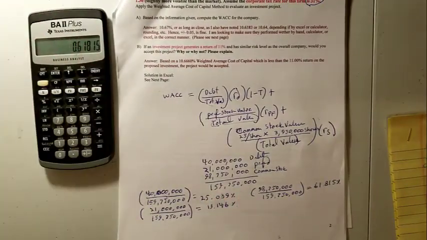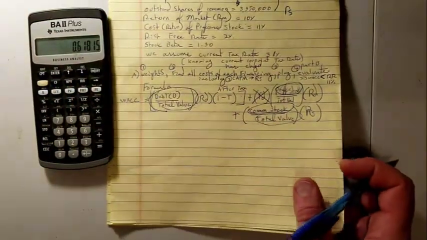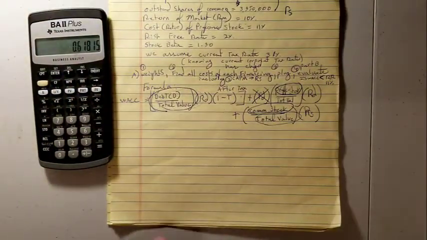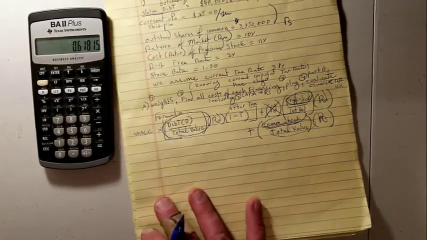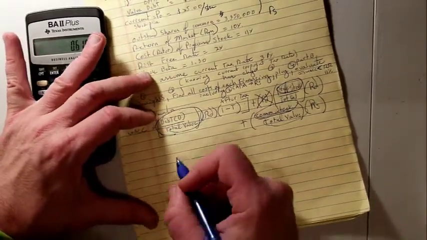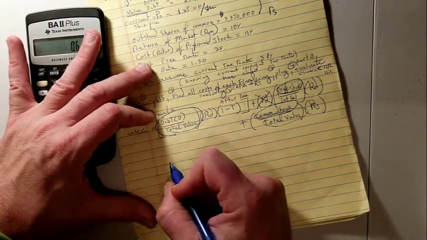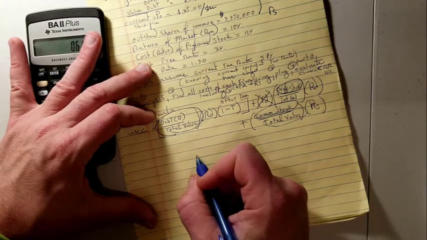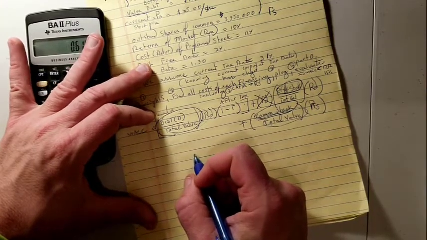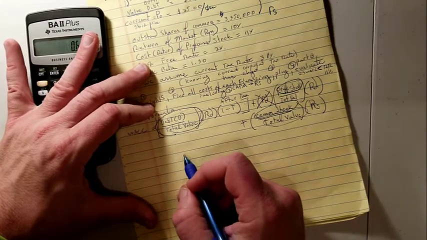Now what I'm going to do is use the yellow sheet that I had prepared, and let's use this to finish off our equation. If I was you, I would spell it out and put 40 million over 159,750, and please perform all the work and show all the work. I'm kind of a stickler for that.